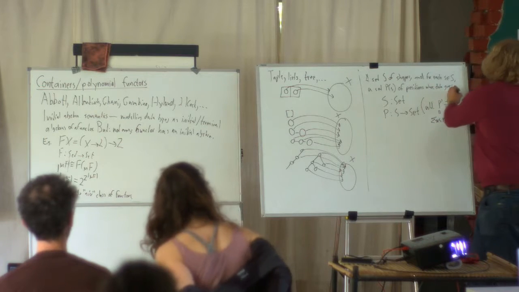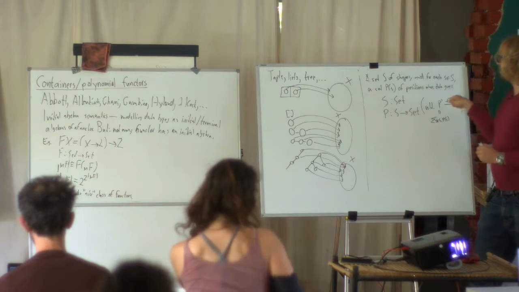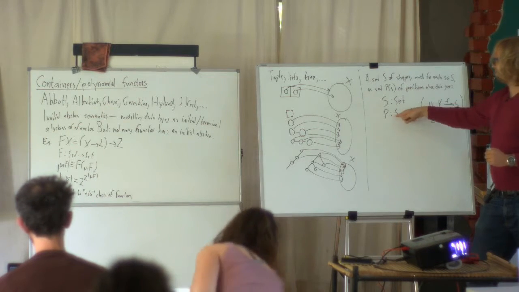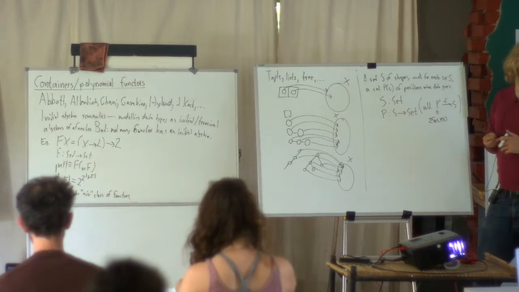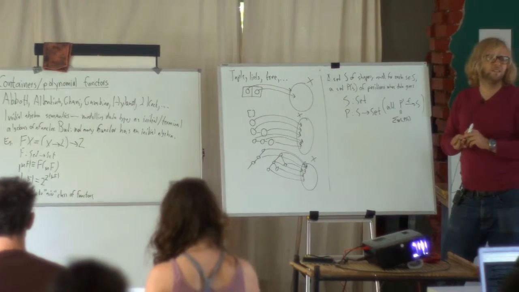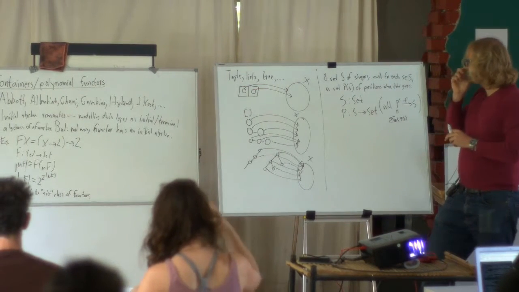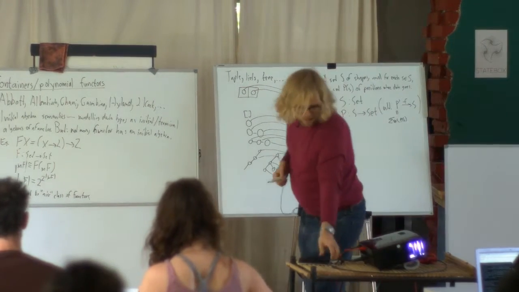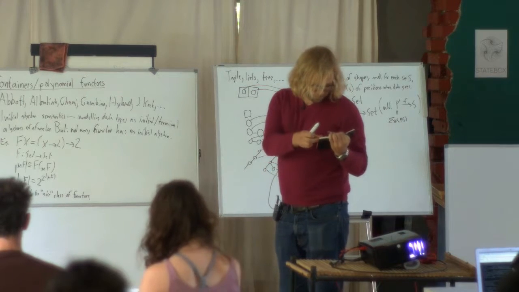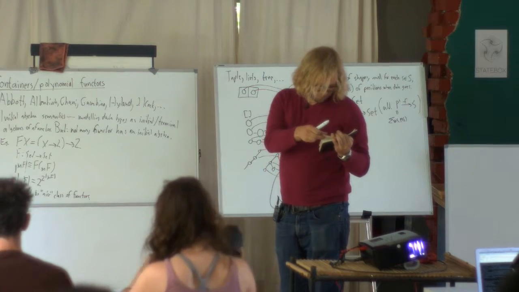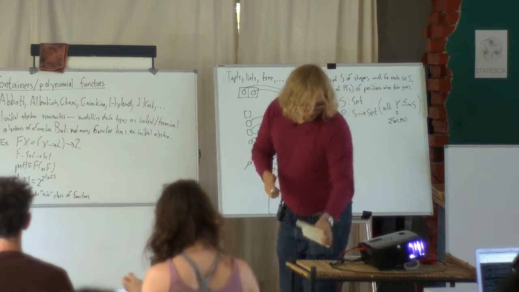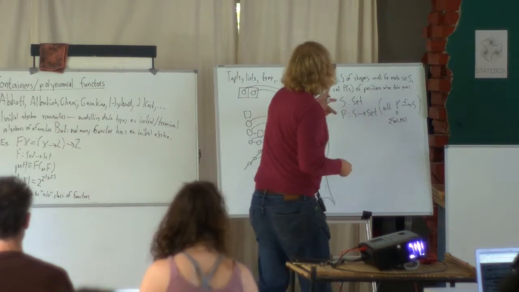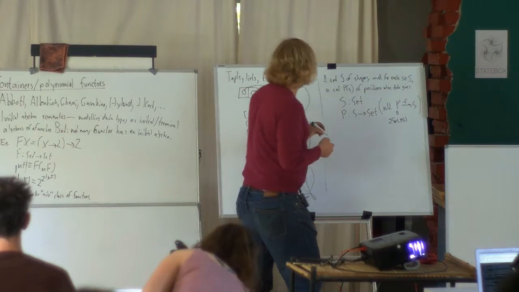So I can go between these two points of view. Here I have a family of positions up front. Here I have an internal family, just a morphism in the category. Let's see where I want to go with this. OK, so this is the data that determines a container.